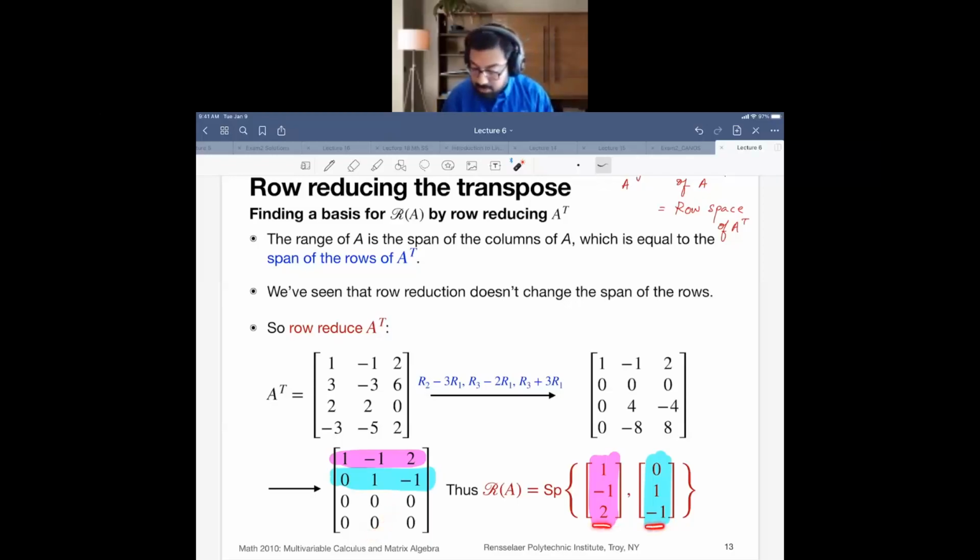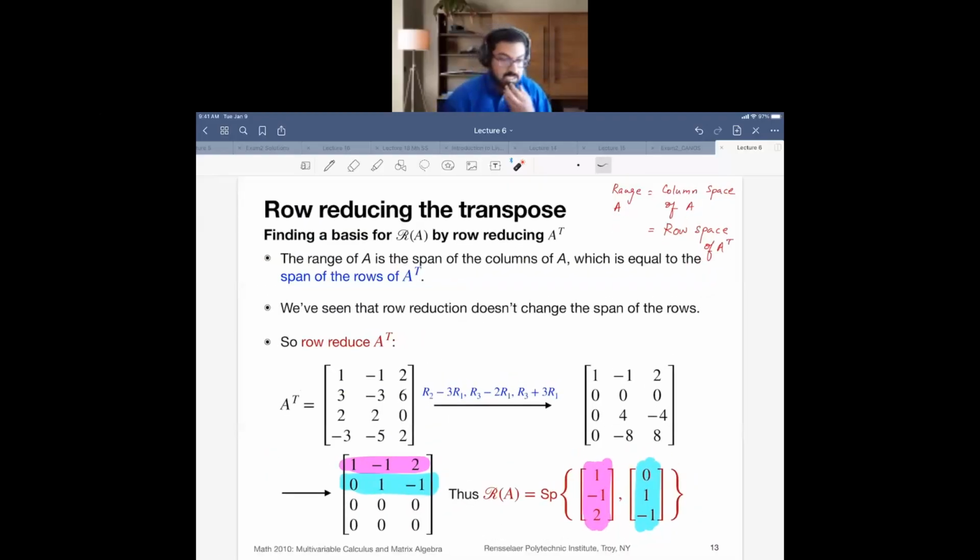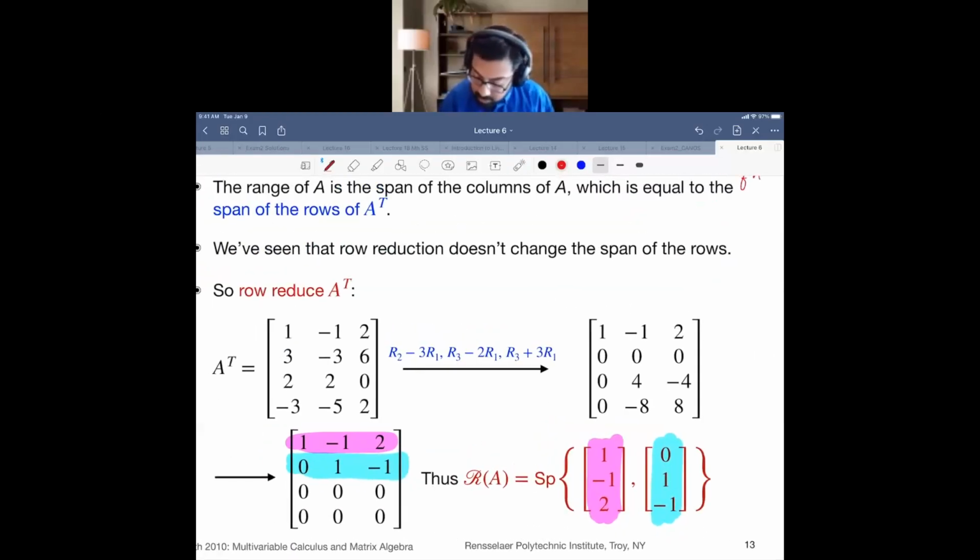So any linear combination of these two vectors, you will be able to get to anywhere in the range of A. So these three strategies actually gave me the same basis, right? How many vectors do I have in the basis of the range of A over here? It has two vectors.